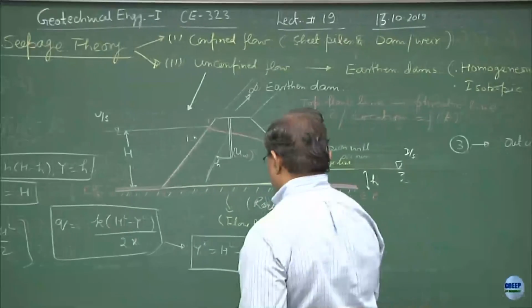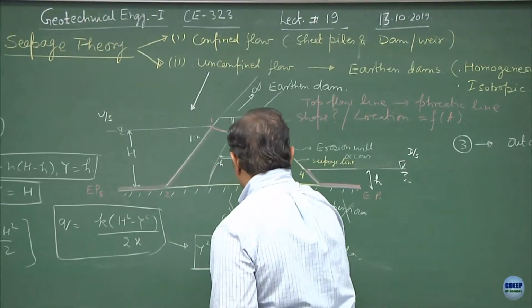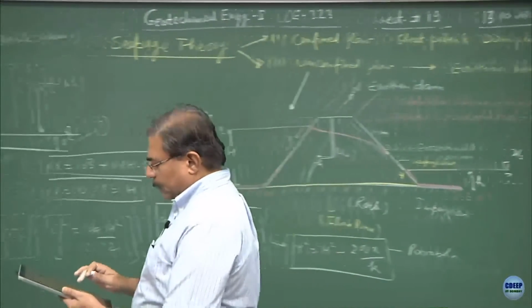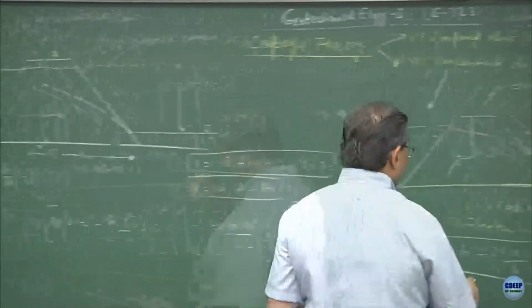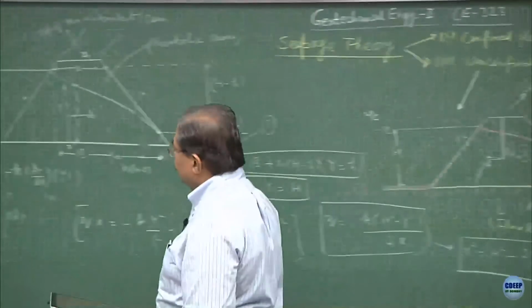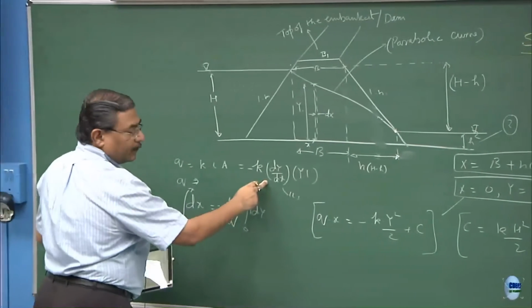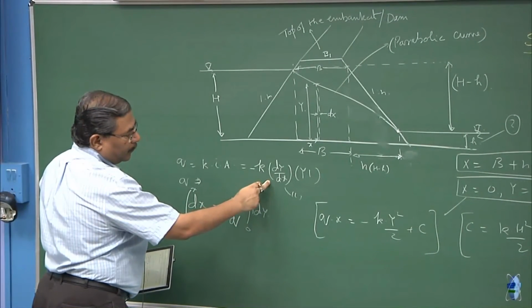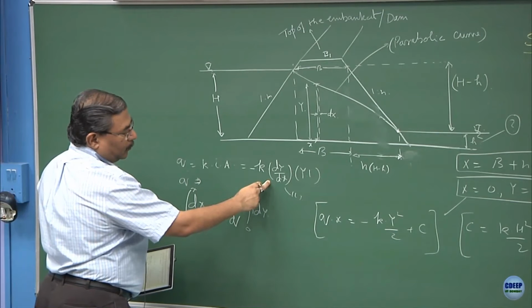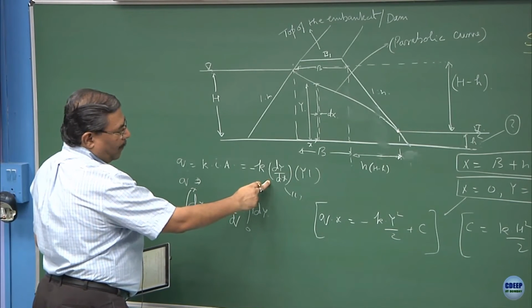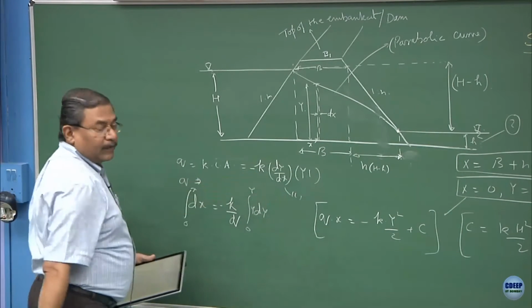So if I want to maximize h, I will have to write this expression in this form: a small q. A small q is not constant, a small q is a function of this. What do you mean? See, that is what we have proven.